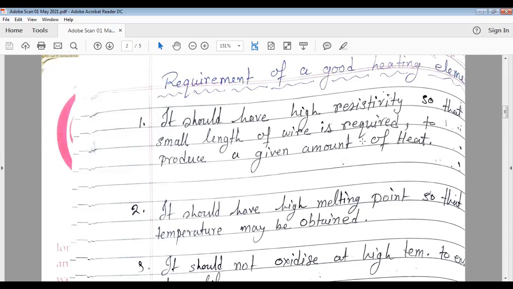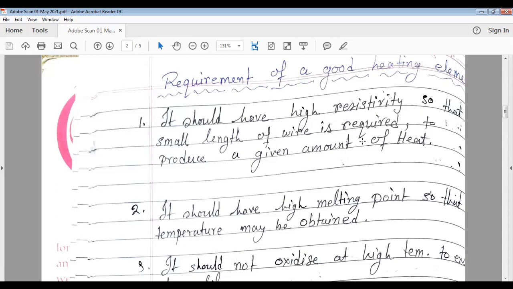Your filament, okay. But if you use nichrome, like in your heater, then a small amount of current will flow and it will produce a lot of heat. But if you use copper, gold or silver wire, then it doesn't produce that much heat. So you have to choose an element with high resistivity.